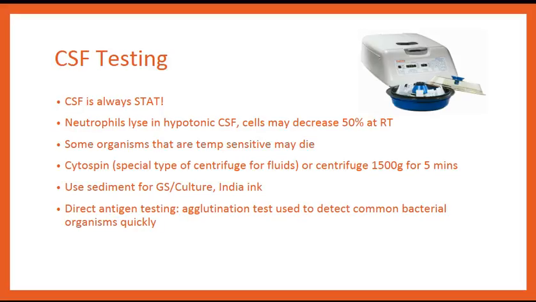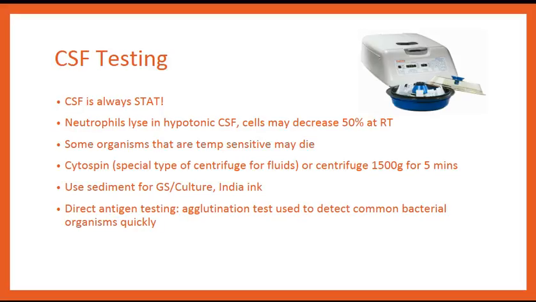Sediment has got to be used for Gram stain and culture, and India ink, which is for Cryptococcus. There's also a direct antigen test, which is an agglutination test used to detect common organisms that cause meningitis.